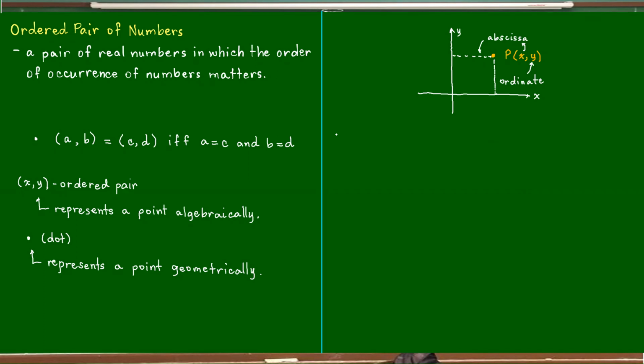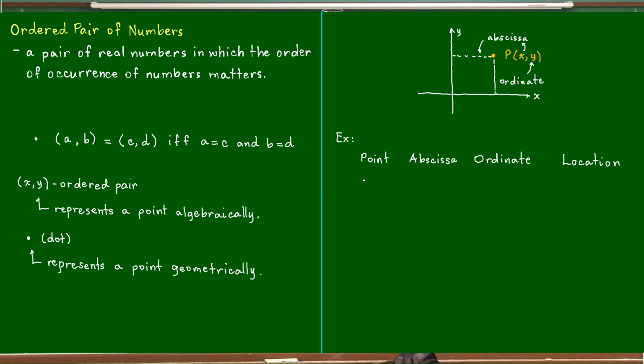Let us have the following examples. Let's say we're given the following headings: point, abscissa, ordinate, and finally location. Location means either quadrant 1, quadrant 2, quadrant 3, quadrant 4, or x-axis, y-axis. Clear, children?